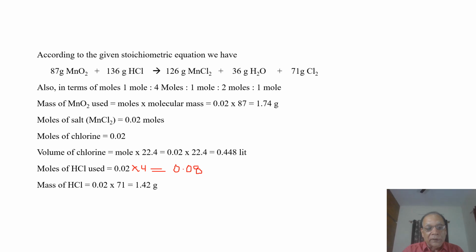Mass of HCl is number of moles into molecular mass. The molecular mass of Cl2 will be 71. This is not HCl, it is Cl2.